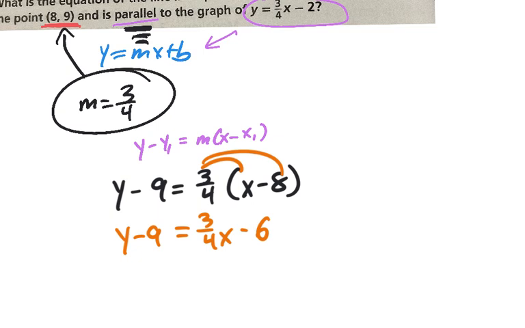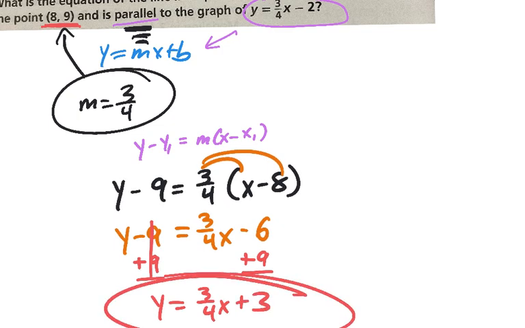Still not in slope-intercept form because of the minus 9. So I need to add 9 to both sides. That gives me y equals 3/4 x, negative 6 plus 9 is a positive 3. Now it's in the form of y equals mx plus b, which is slope-intercept form. Therefore, that is my final answer.